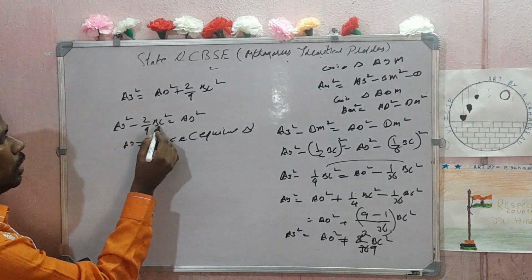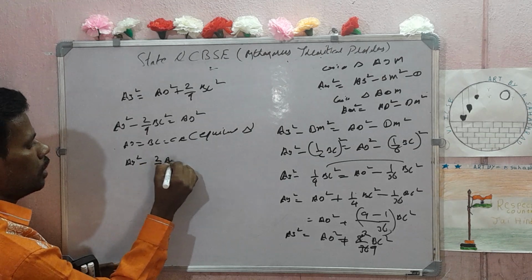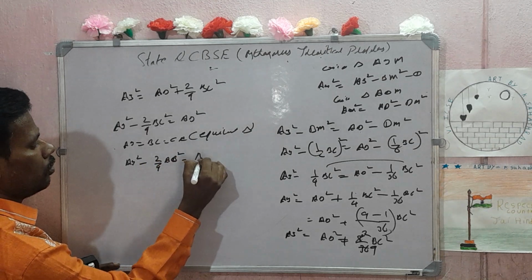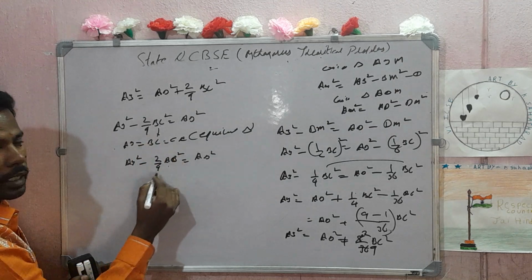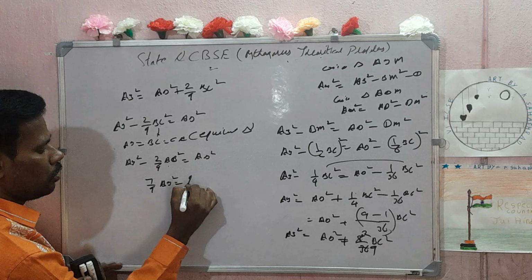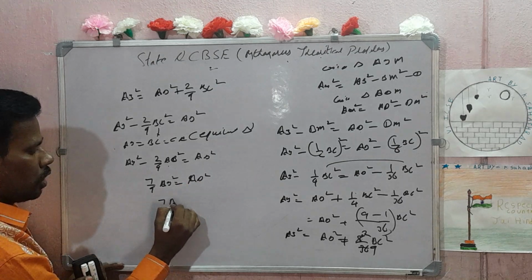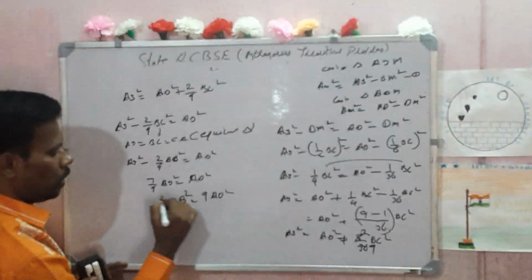So in place of BC I can write AB: AB square minus 2/9 AB square. 9 minus 2 is 7/9 AB square is equal to AD square. So 7 AB square is equal to 9 AD square.